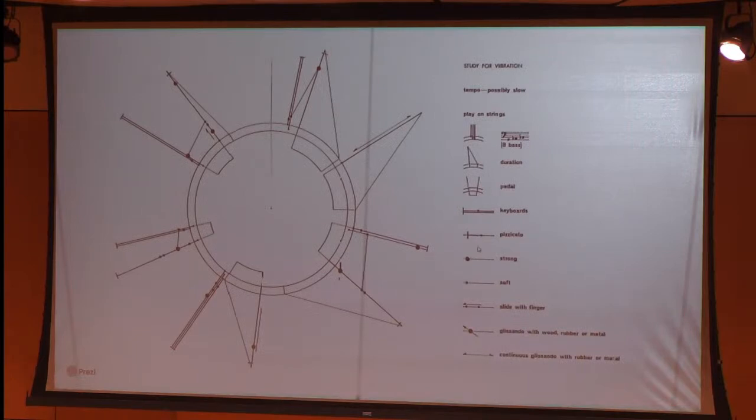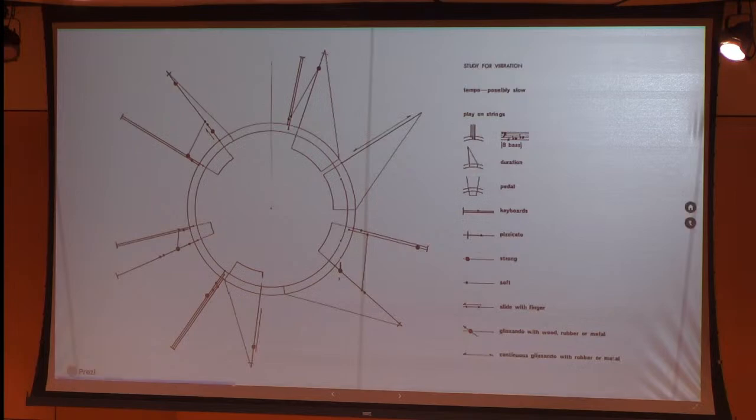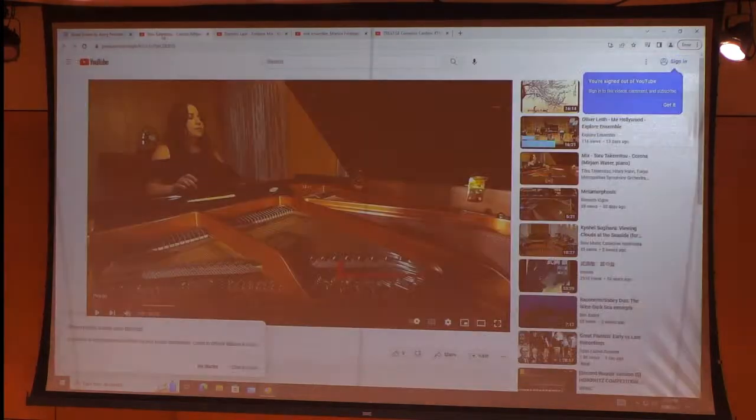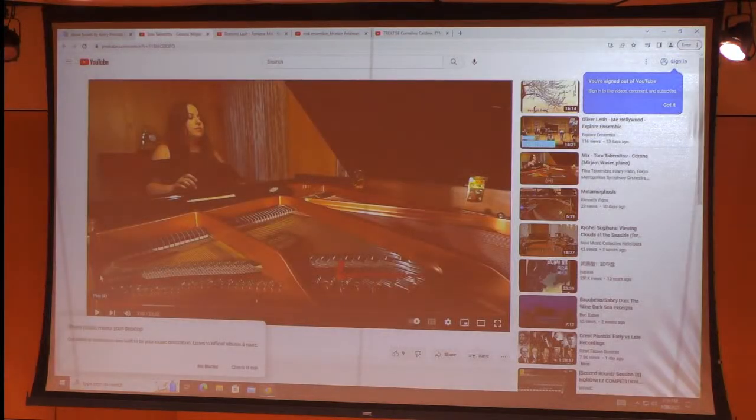He says, possibly slow tempo, play on strings, and he's giving us these examples of what his visuals mean. We don't usually see that. So I'm going to show you one of the possible interpretations of this piece.